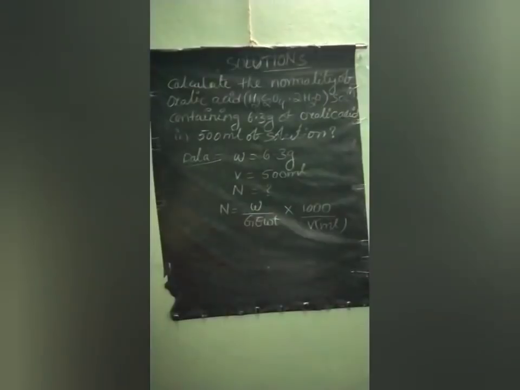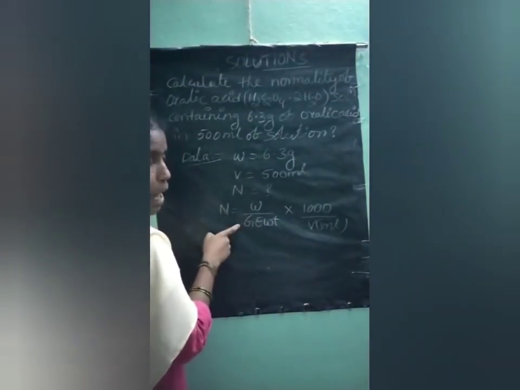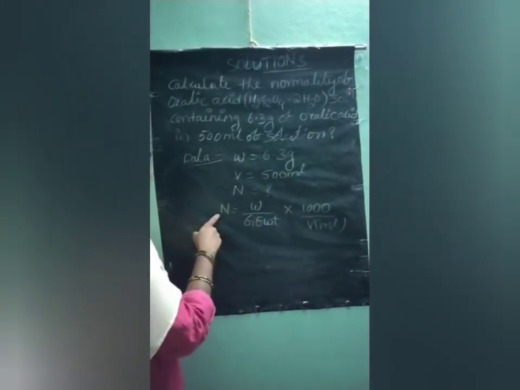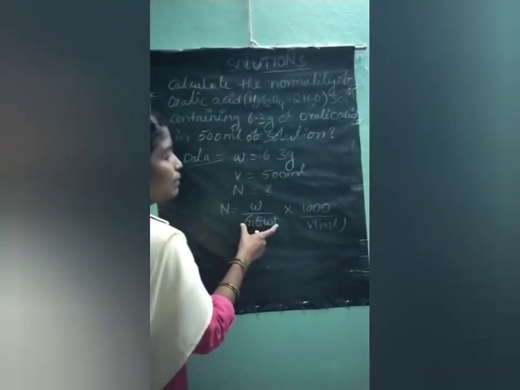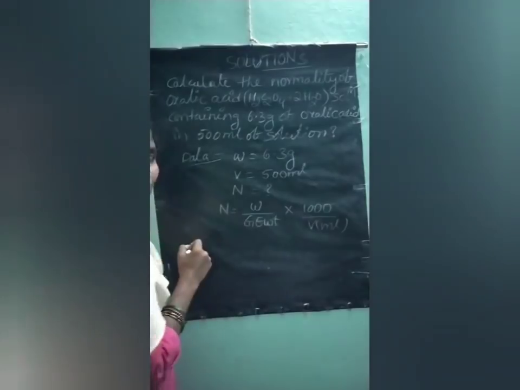The weight we know, the volume we know, the gram equivalent weight we don't know, and the normality we need to find. So first we calculate the gram equivalent weight of the oxalic acid.